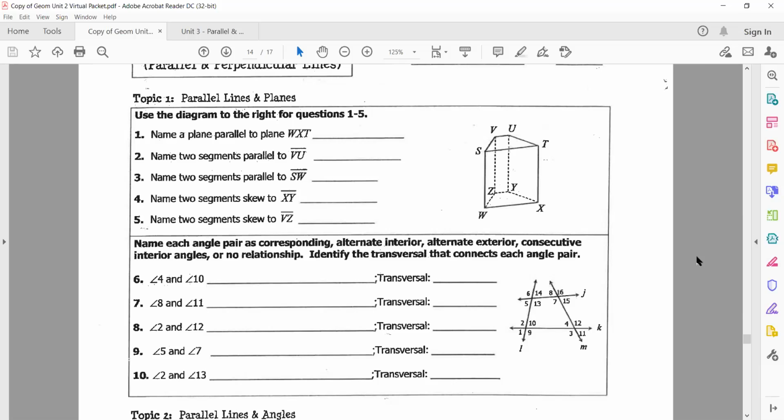It's an interior. No, the interior is in here. The interior is 3, 4, 9, and 10, between these two lines. The exterior in this case on transversal K is out here to the left and out here to the right.